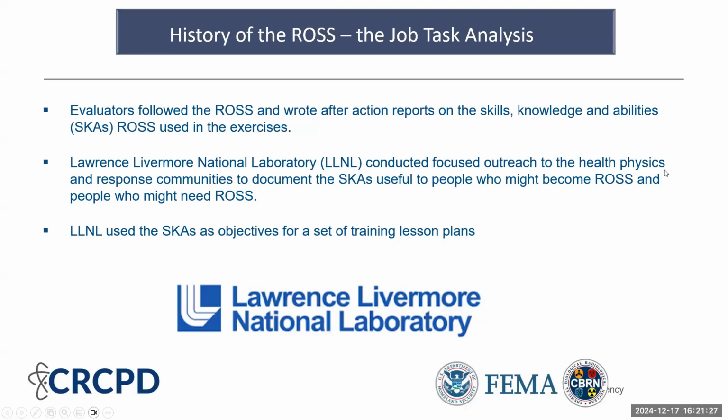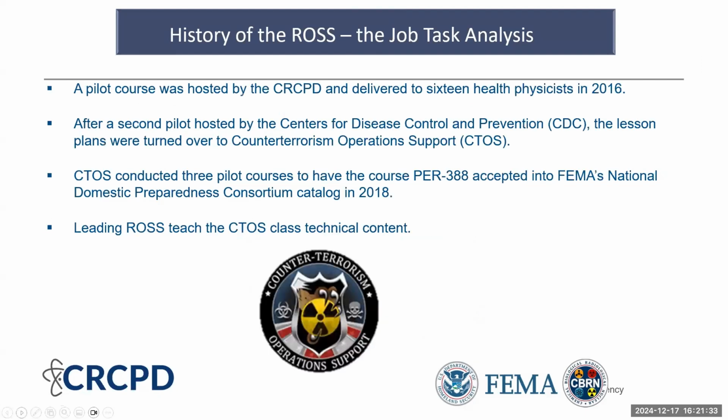And all of that was compiled by Lawrence Livermore National Laboratory into a format that became the objectives for a training course. And those training courses were started in 2016 with the first 16 students.